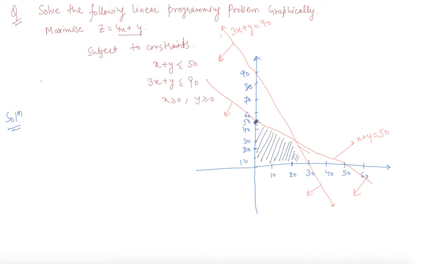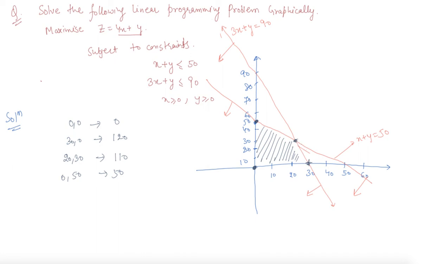As we have discussed in the two theorems, at the vertex we will get either the maximum or the minimum. There are four vertices or corner points: 0, 0; 30, 0; 20, 30; and 0, 50. The values of z are 0, 120, 110, and 50.